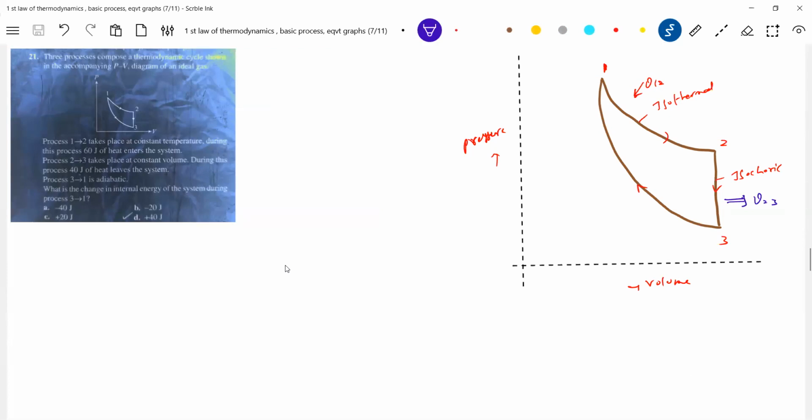Okay, this much condition is given. 3-1 is adiabatic, it is telling. What is the change in internal energy of the system during the process 3-1? So what should we calculate? How to calculate change in internal energy?